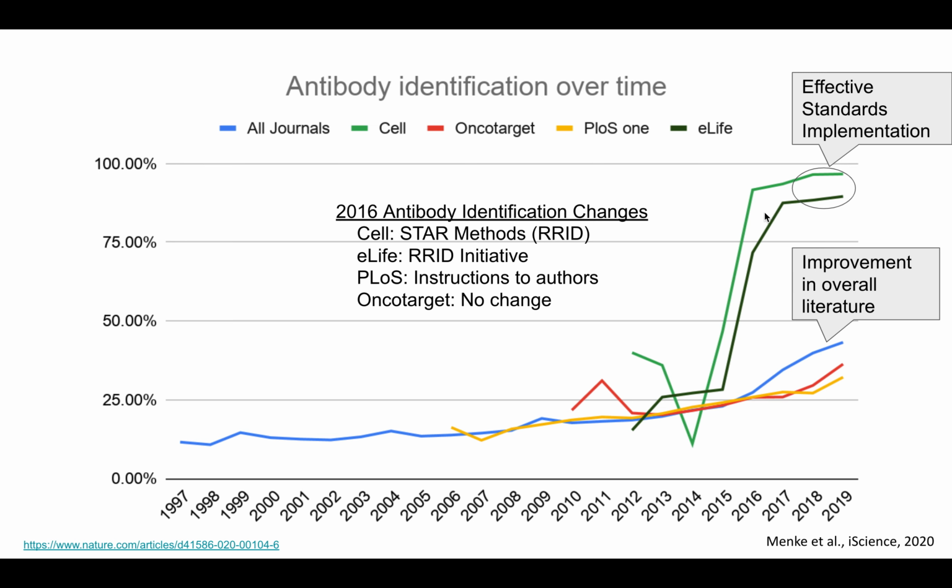And those journals, both of them came on in 2016, you can see that when they changed their policies and they started to enforce RRIDs, they changed from kind of an average journal to 90+% identifiability. The PLOS One instructions to authors also changed, but nobody reads those. So, but certainly there is even a little bump there in 2018, 2019, even in PLOS.